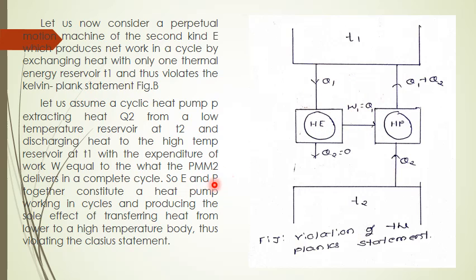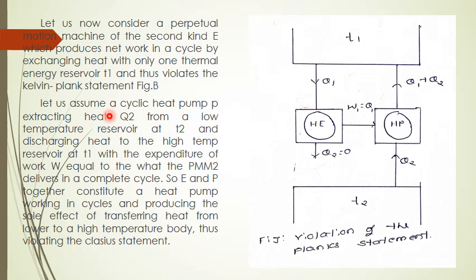So E and P together constitute a heat pump working in a cycle and producing the sole effect of transferring heat from a lower to a higher temperature body, which is also not possible. So that means we are violating the Clausius statement.